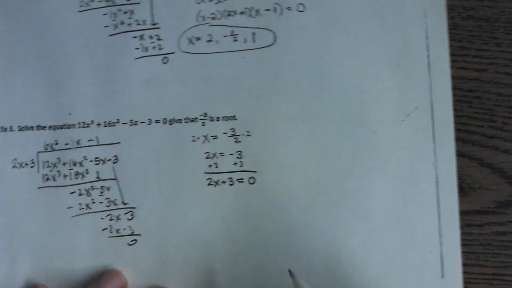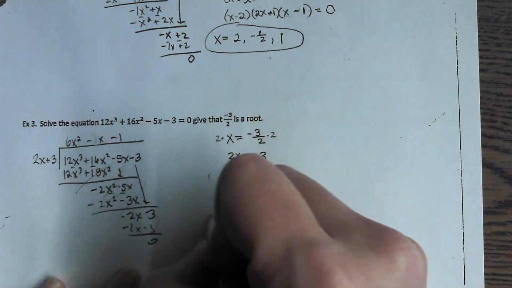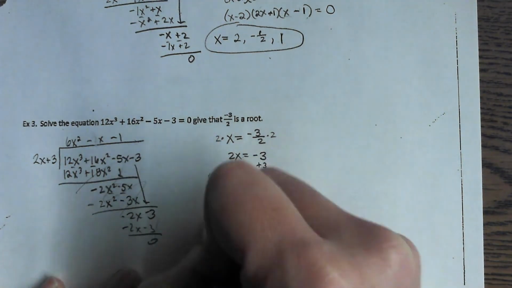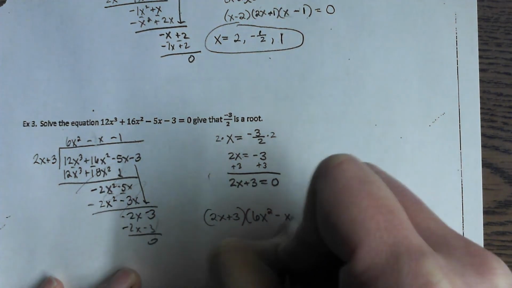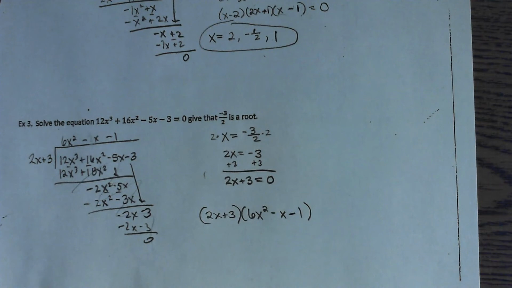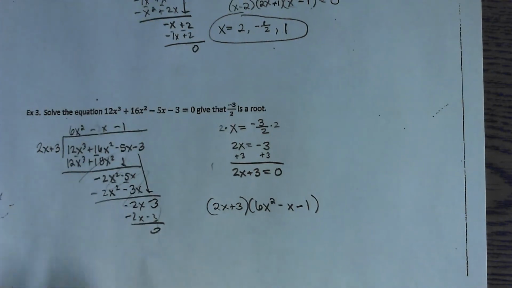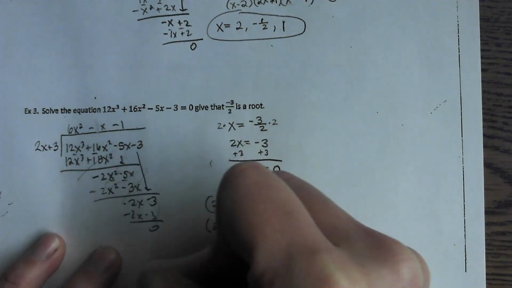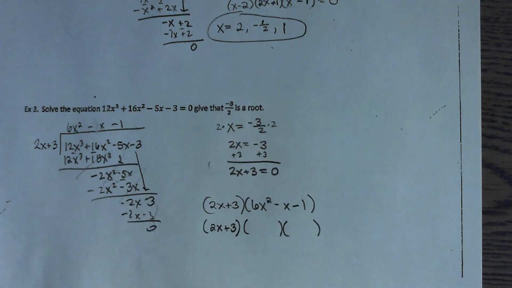Okay, so I have factored it, again, if you don't want to worry about copying down all that work, that's fine. I have factored it into 2x plus 3 and 6x squared minus x minus 1. Again, with the quadratic, to factor it further, you can guess and check or split the middle term.